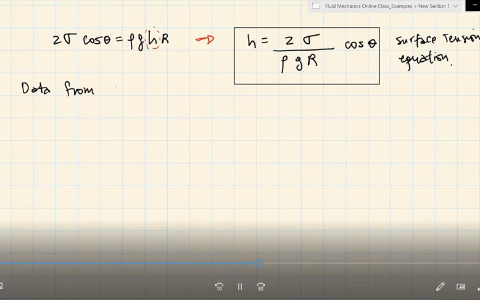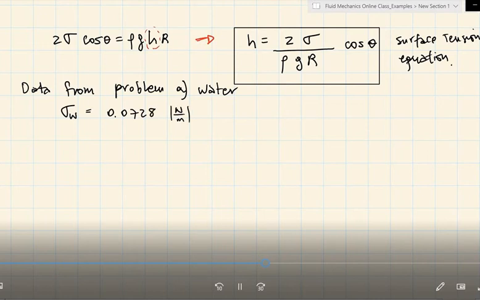Data from problem: in A, we will use water, and in B we are going to use mercury. So the sigma for water is 0.0728 newtons per meter, as we know from the original problem.